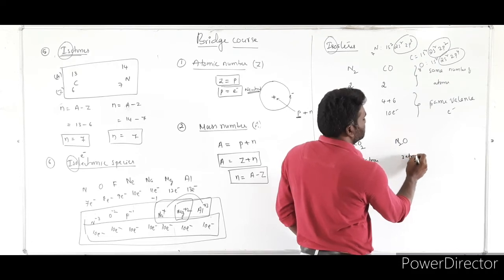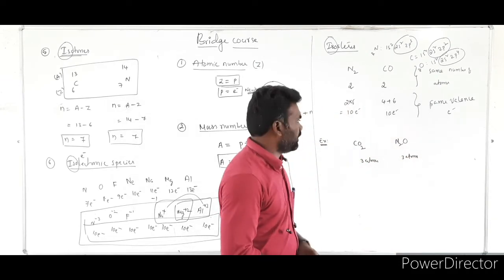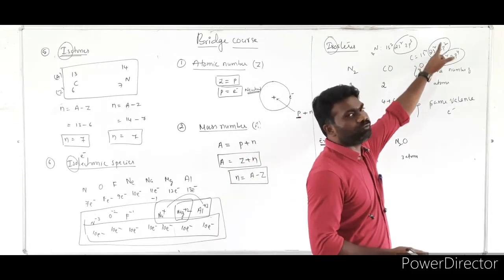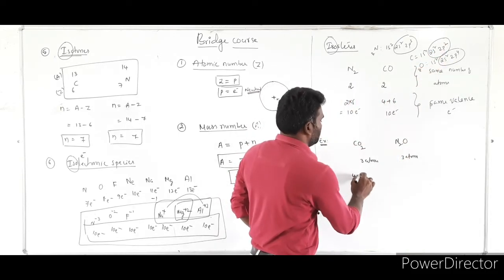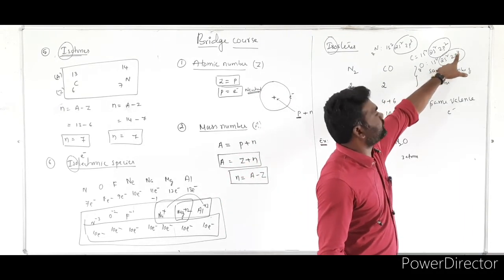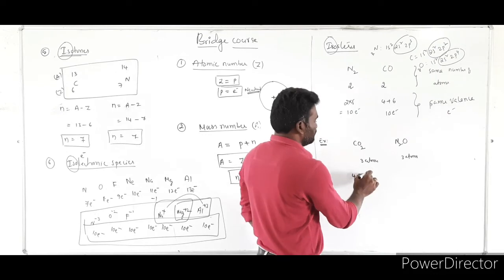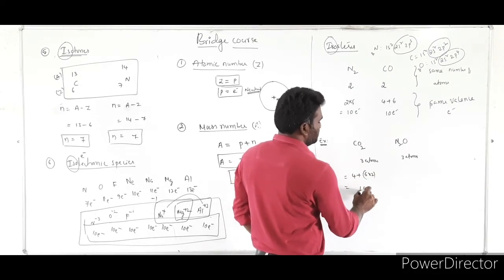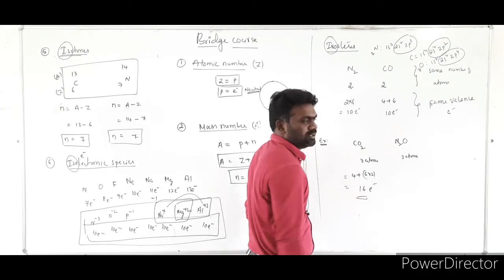Number of atoms is 3. Then we have to find out the valence electrons. Carbon valence electrons is 2 plus 2, 4. 4 plus number of valence electrons in the oxygen I wrote 2 plus 4, 6. 6 into 2, 12. 12 plus 4, that is equal to 16 valence electrons in this case.